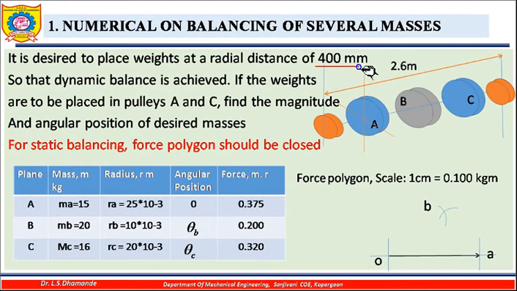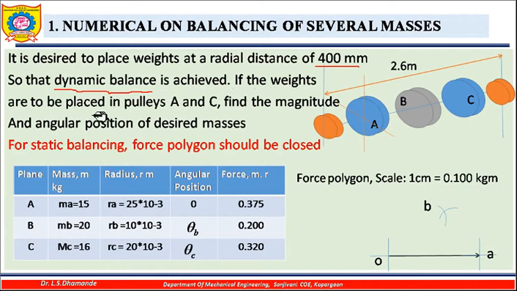As you can see, these masses are acting in different planes. With static balance the force balance is obtained, but there will still be a couple, or bending moment, acting on the shaft. When we balance that, it is called dynamic balance. So we have to balance the couples also.